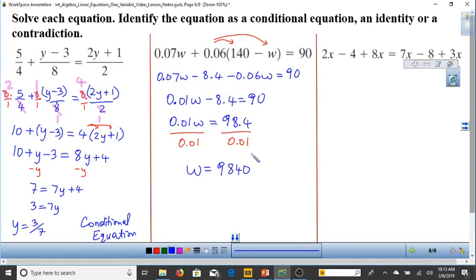And we can always check. If you multiply 0.07 by 9,840, that will give you 688.8.